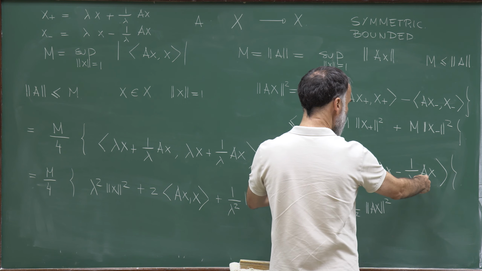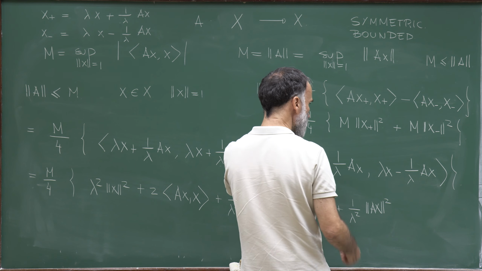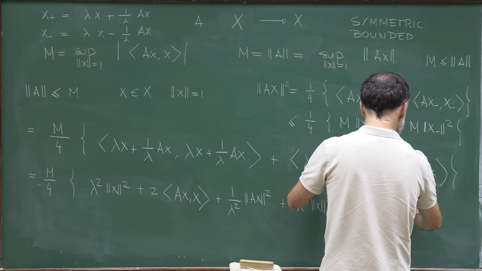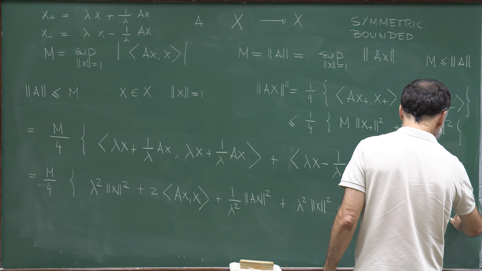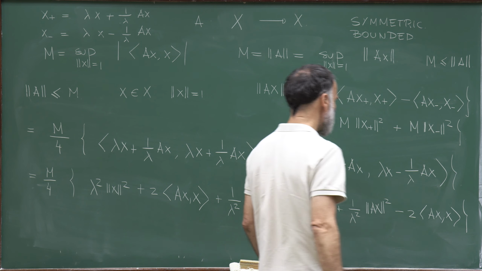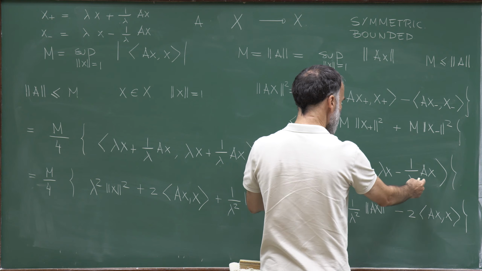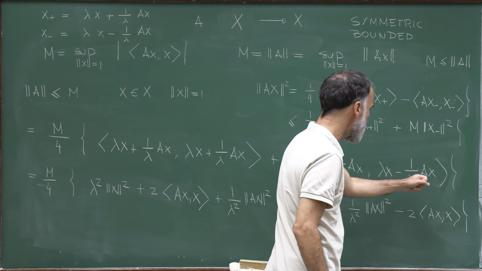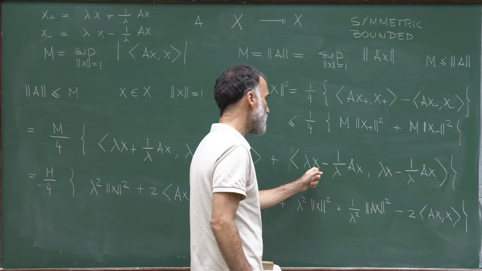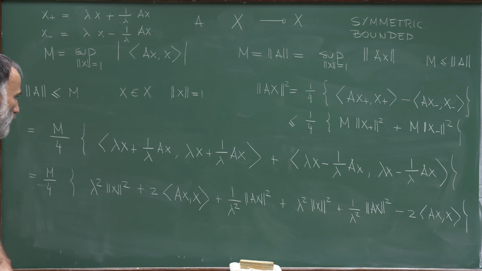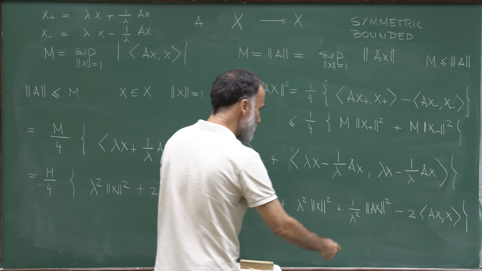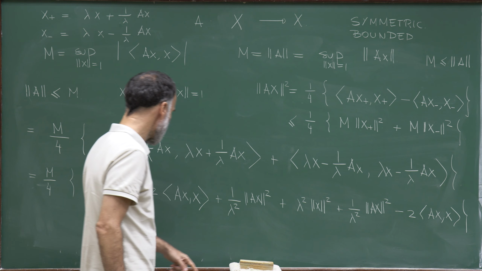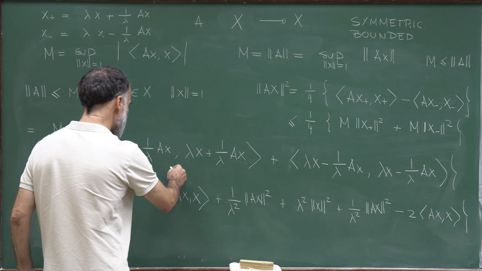What I get is x ax, but A is symmetric, so I can put it on the first term, and I have a minus sign, so that will give me minus 2 times ax x. Because the cross terms are exactly the same, and I'm using here that A is symmetric to place this A on the other side. So now if you look at the expression we obtained, you see that the lambda square x square appeared twice, as well as the 1 over lambda square ax square, while the cross terms just cancel.